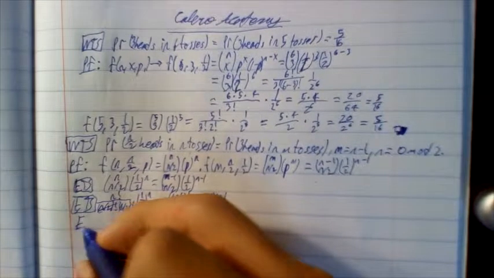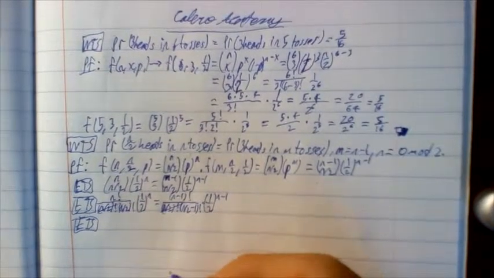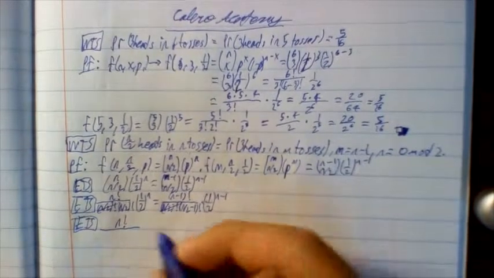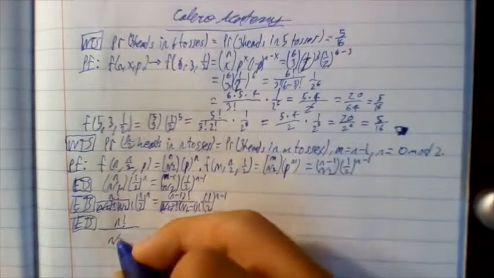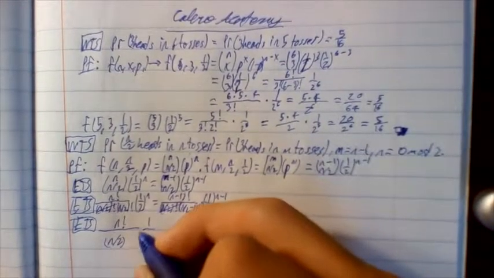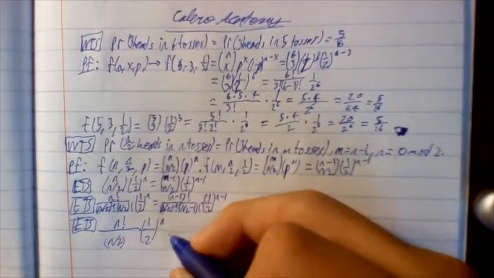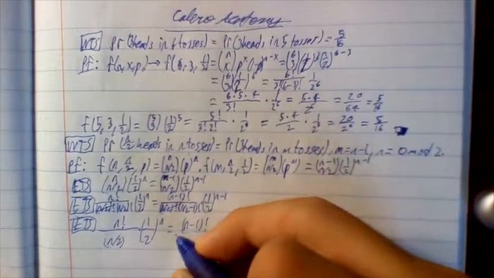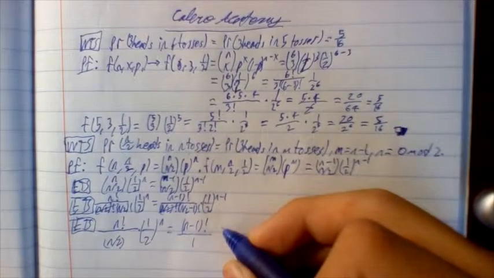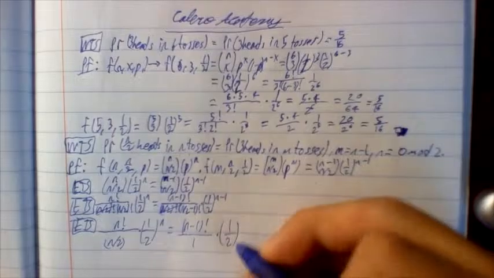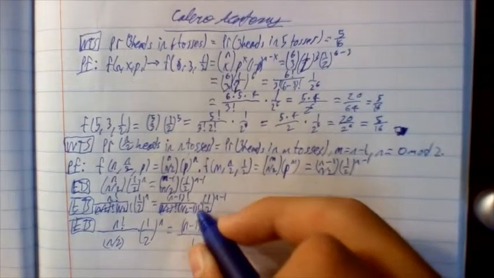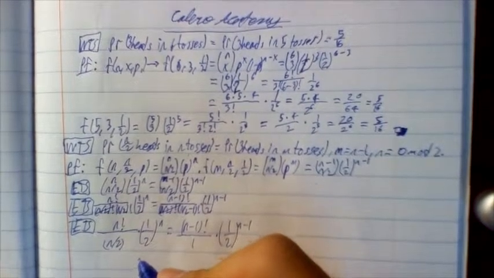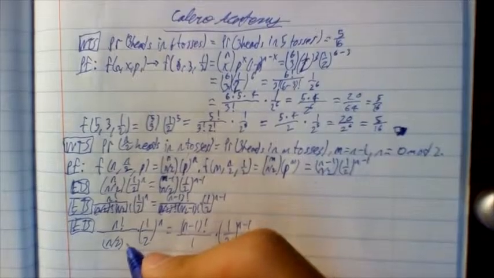That will mean it's equivalent to show that, let's now write on 2 lines to give ourselves clearer space, n factorial on n on 2 times 1 on 2 to the power of n equals n minus 1 factorial divided by 1 times 1 on 2 to the power of n minus 1, because all we just did is multiply both sides by n on 2 minus 1 factorial, and that will get rid of everything behind the factorial of n on 2.